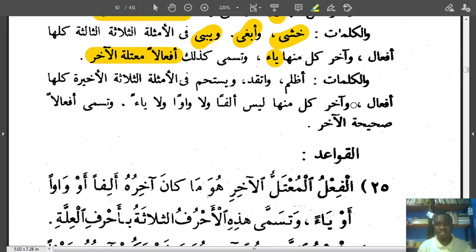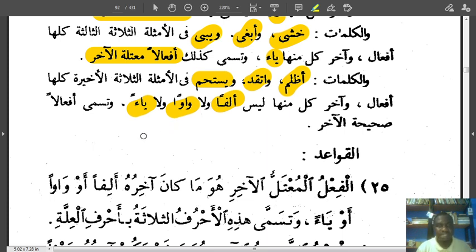He brings us and he says والكلمات, and the words أظلم, اتقد, يستحم, these three words في الأمثلة الثلاثة الأخيرة, in the last three examples, كلها أفعال, they are also all verbs. وآخر كل منها ليس ألفا, the ending of each of these three, أظلم, اتقد, and يستحم, none of them ends with alif, ولا واو, ولا ياي.